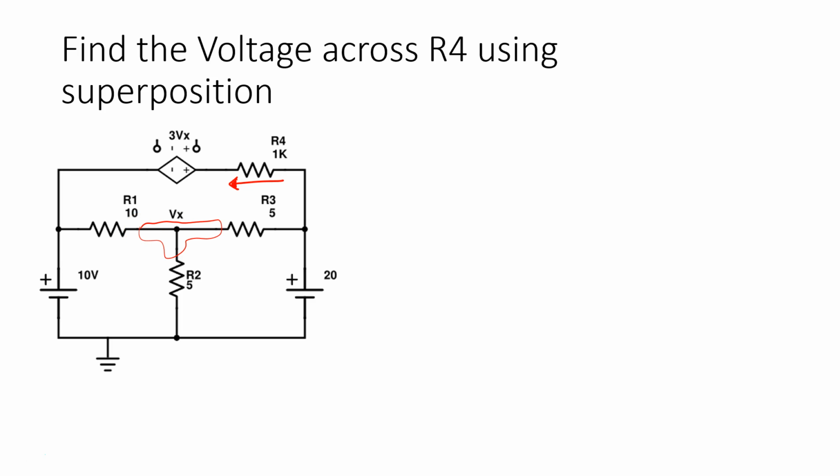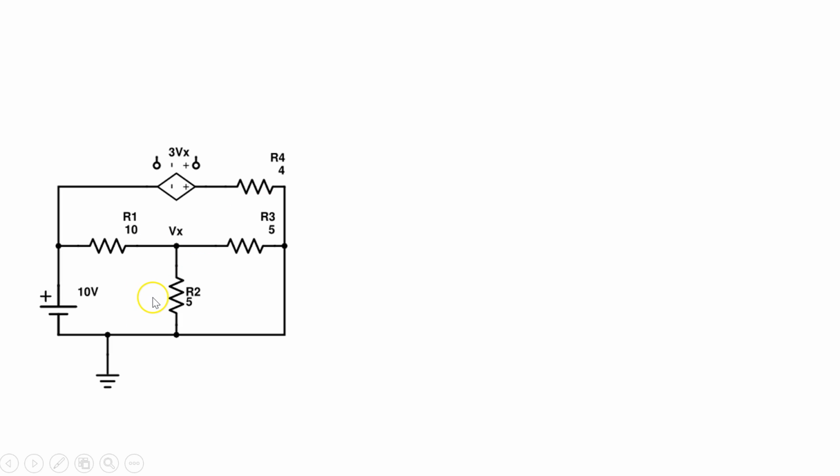Again, the first thing we're going to do is one source at a time. So we're going to look at our 10 volt source. When we look at the 10 volt source, we short circuit the 20 volt source, and this is the circuit we're going to get.